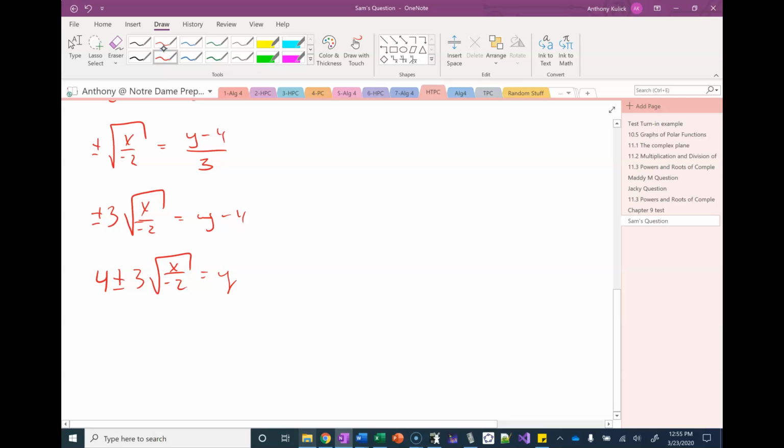I would be okay with this as your final answer, but it doesn't match what's in the answer key. So just to show you how we get that same thing from the answer key, I'm going to fix this radical so there's not a square root in the denominator. To do that, I'm going to multiply the top and bottom of this by the square root of negative 2 over the square root of negative 2.